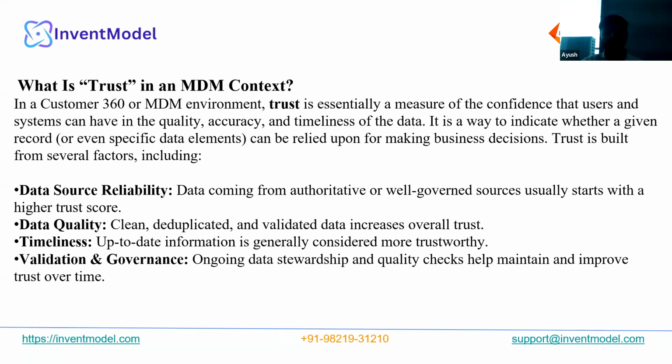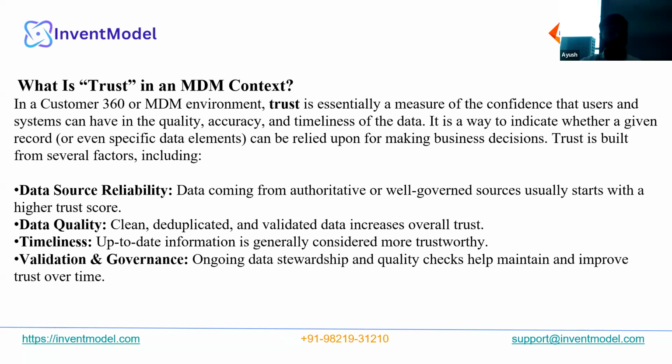So it is a way to indicate whether a given record can be relied upon for making business decisions. Because as we know, in Informatica MDM we make golden records. So for golden records, we need the maximum trust value. So we need to have the record which has the maximum trust value. So for that, we need to define the trust value.